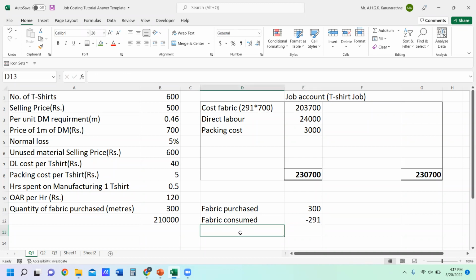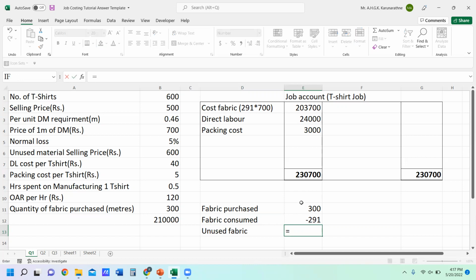So accordingly, the unused fabric is the difference between these two. So unused material fabric is 9 meters.